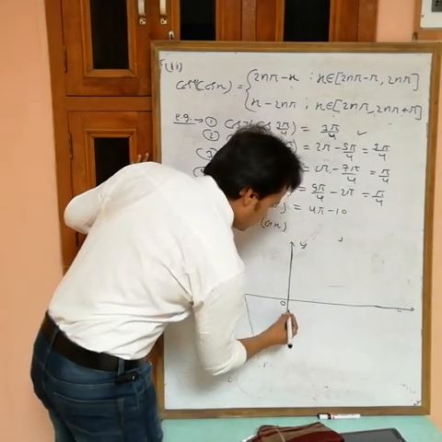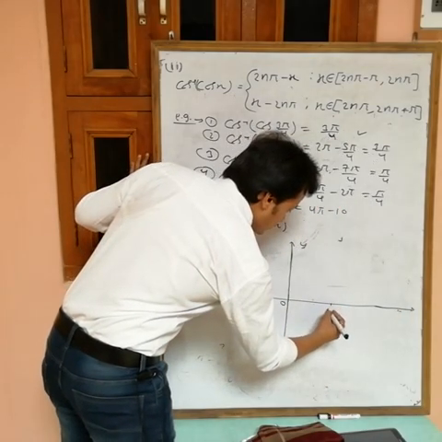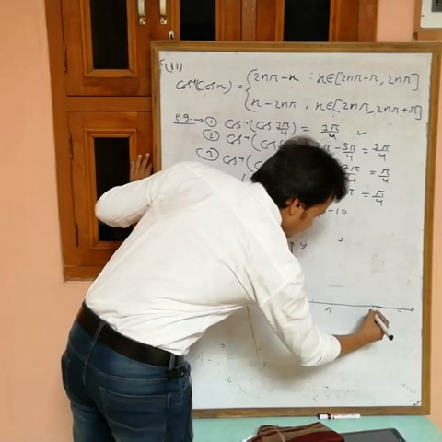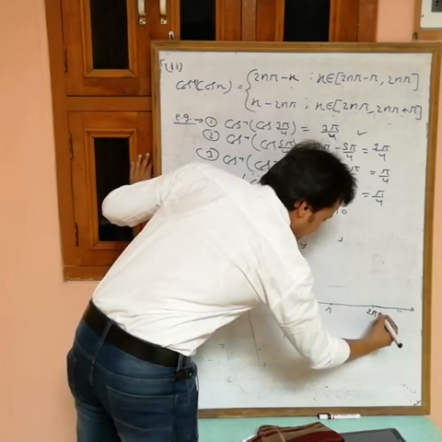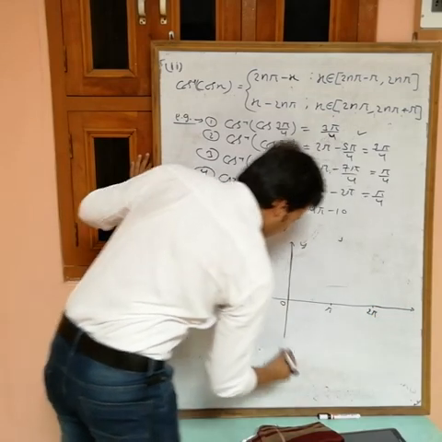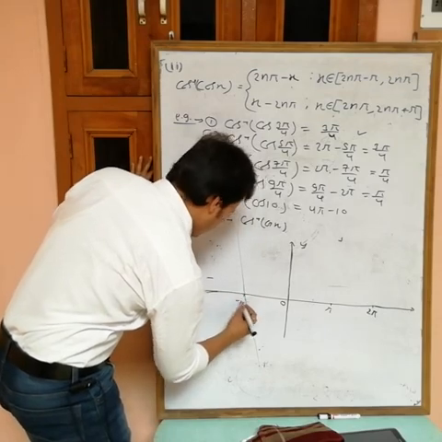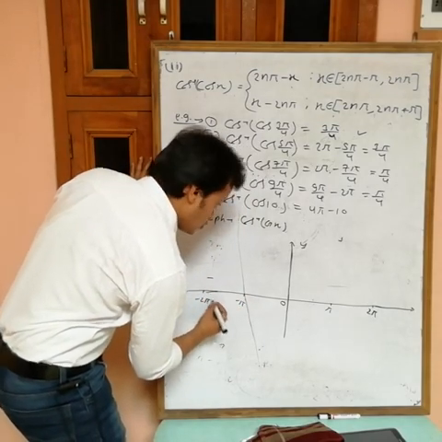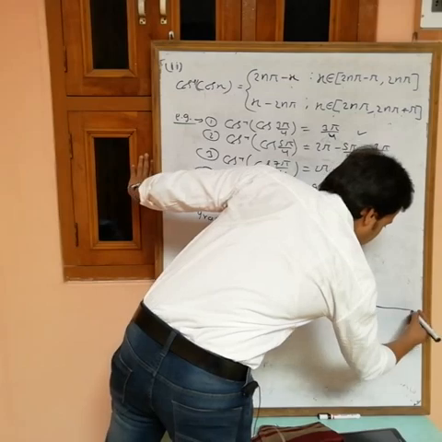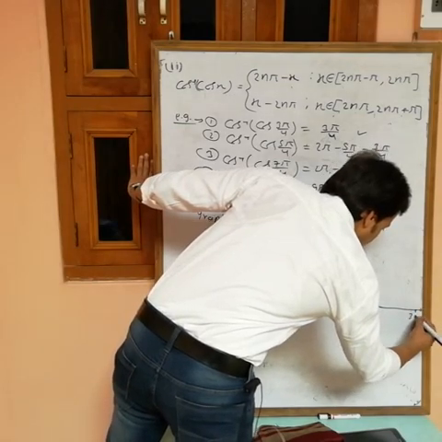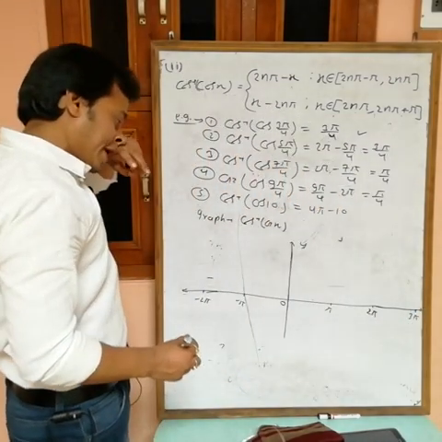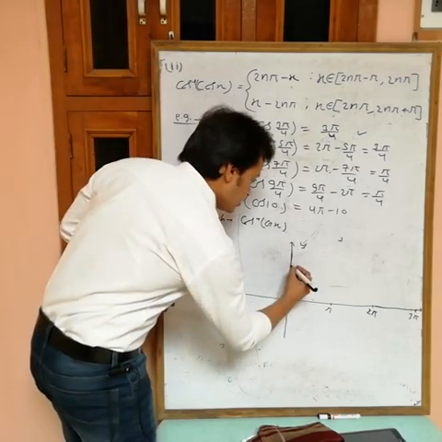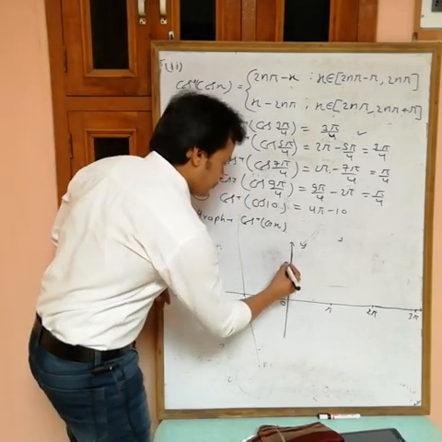Suppose here we have 0, this is pi, 2 pi, minus pi, minus 2 pi, and suppose here we have 3 pi. Now see, and this is the line pi.